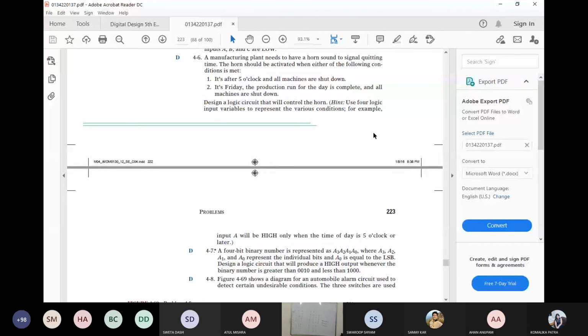So, and then the machines shut down. 5 o'clock, production is complete. All one. Then also it should be activated. That's what, no? I think another case is there: even if it is not Friday, 5 o'clock and machines are shut down. That also has to be activated.